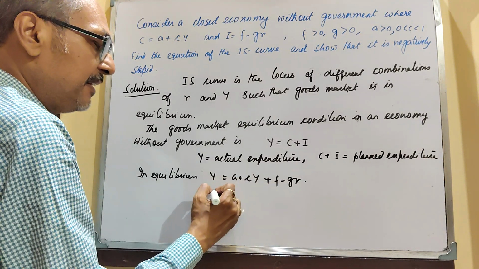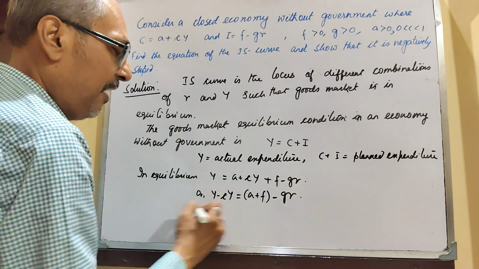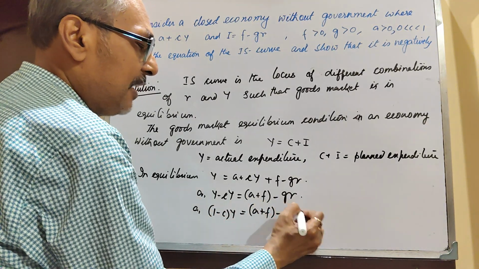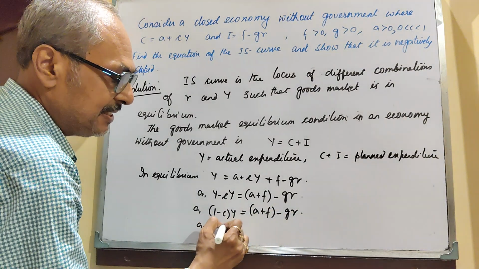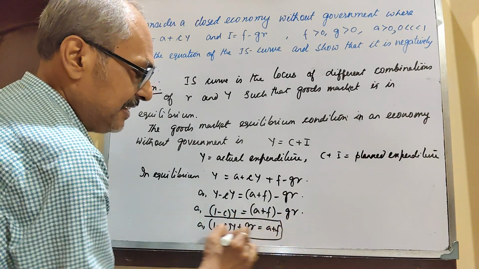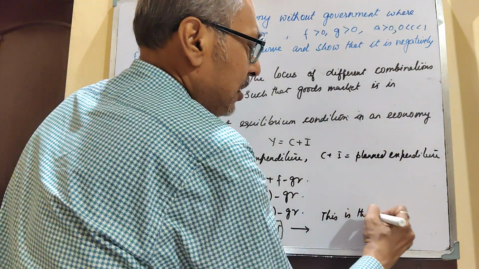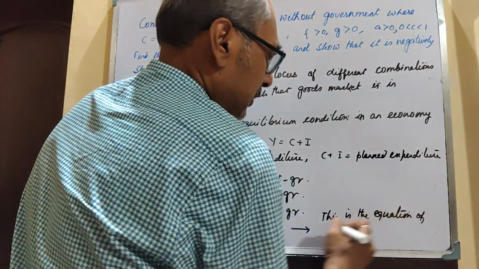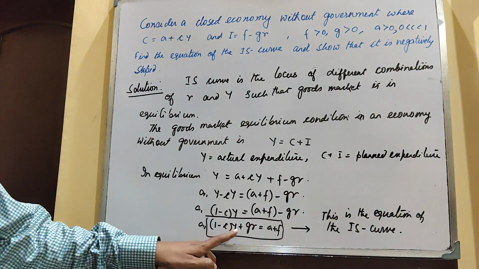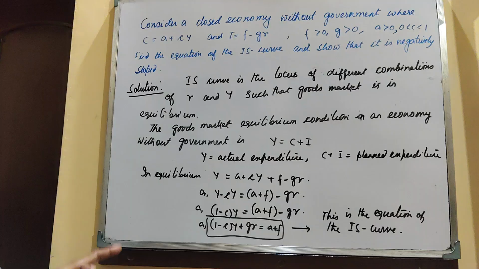We take small c Y to the left hand side: Y minus small c Y equals A plus F minus G r, or (1 minus small c) Y equals A plus F minus G r, or (1 minus small c) Y plus G r equals A plus F. This is the equation of the IS curve.